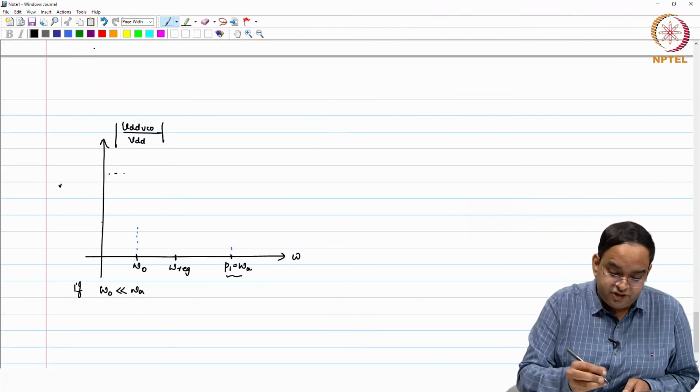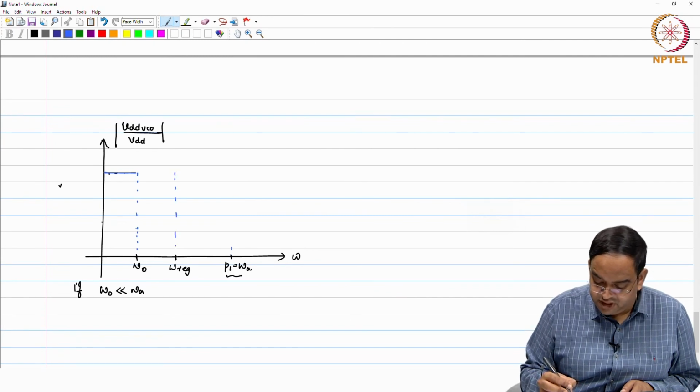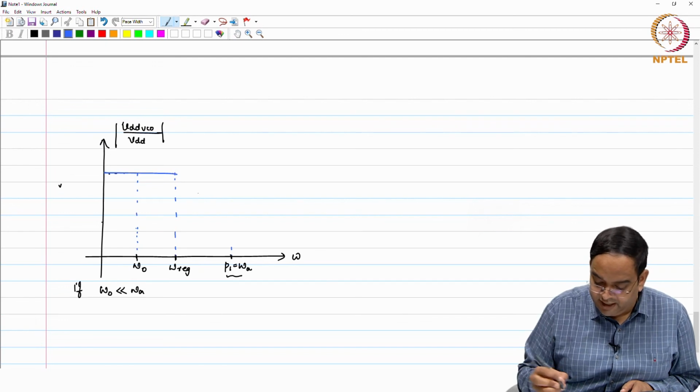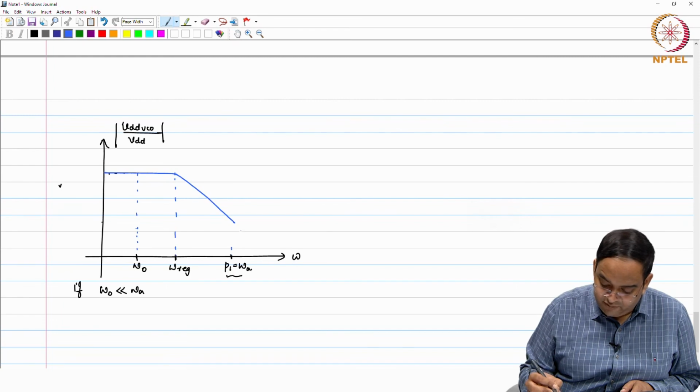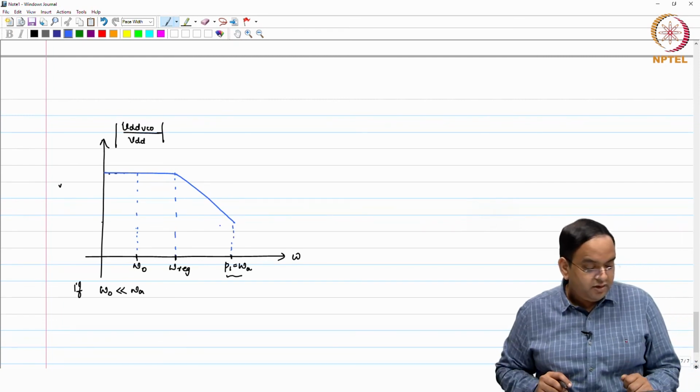So, the transfer function which you are going to see is something like this. First you are going to see omega regulator, and then you will have minus 20 dB per decade.